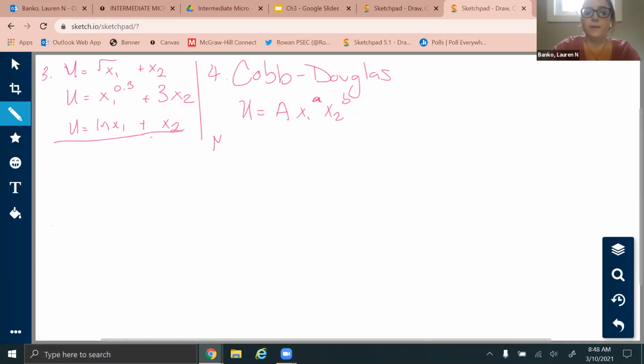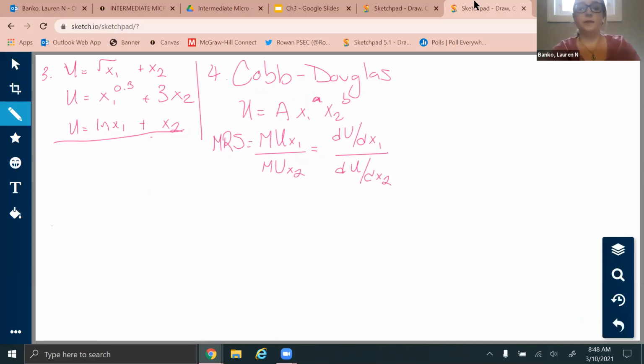Now, I want you to remember, MRS is looking at the partial derivatives divided by each other. So remember, it was MU x1 over MU x2, which was the partial derivative with respect to x1 over the partial derivative with respect to x2.